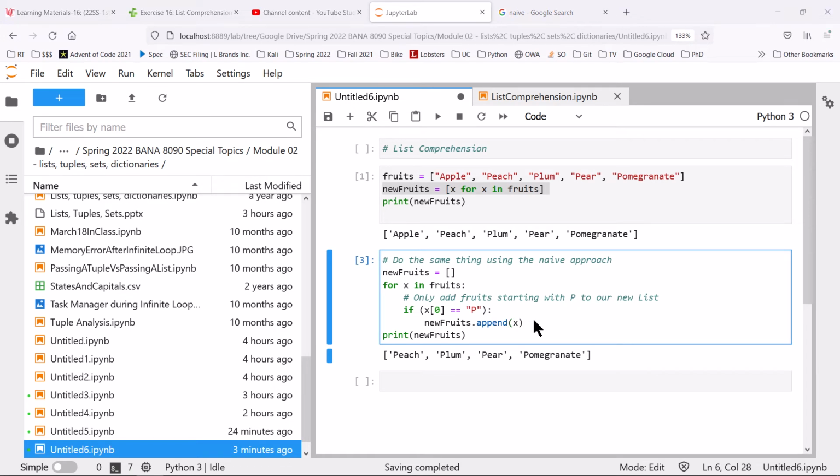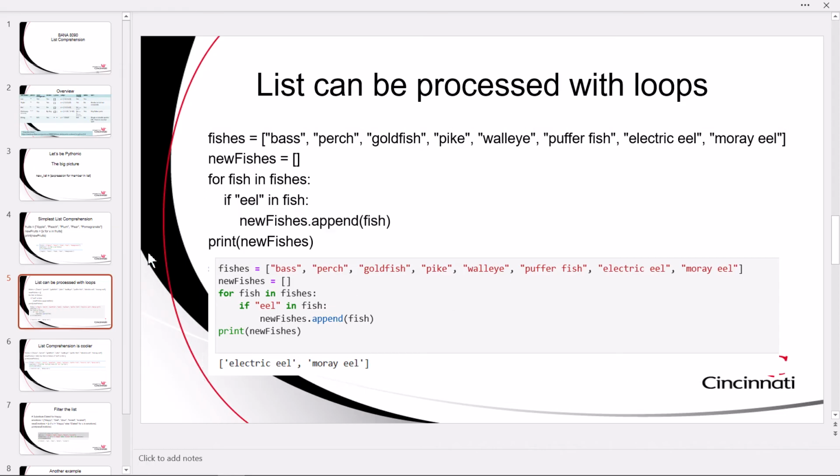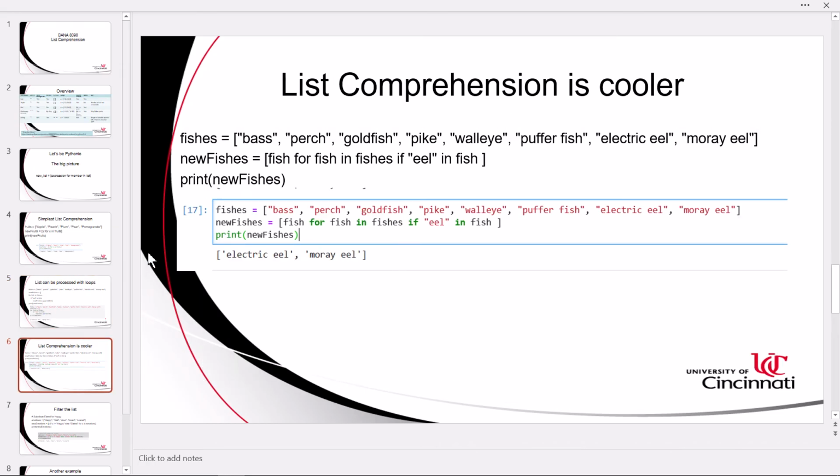Now if I flip back to the slides again, on the next slide, there is that filtering collapsed down into a list comprehension expression. Again, one line of code, and I've tacked on a condition, if eel in fish, which is inside that closing square bracket of list comprehension, but following the for statement.